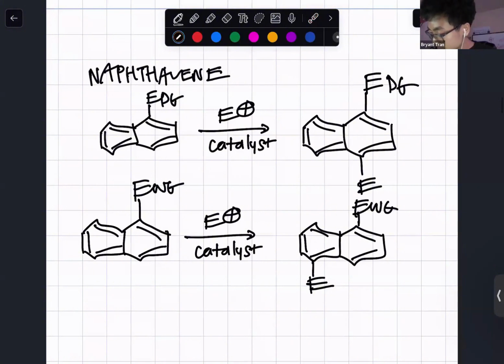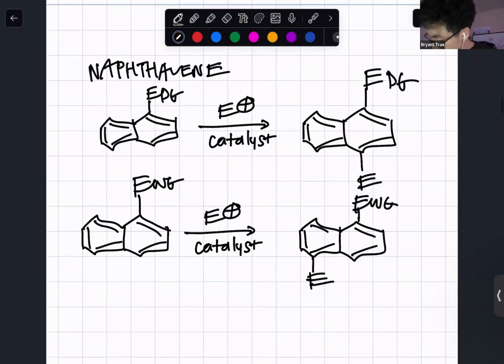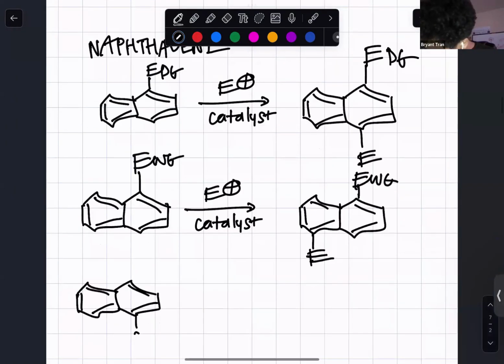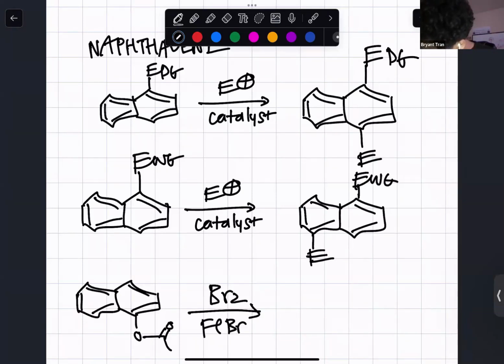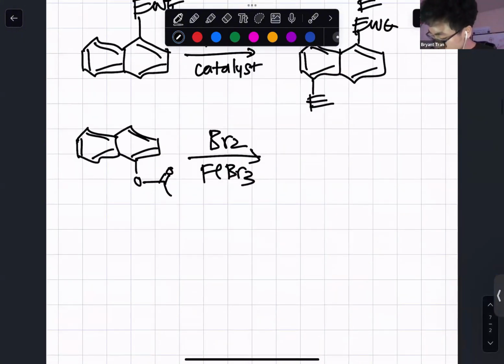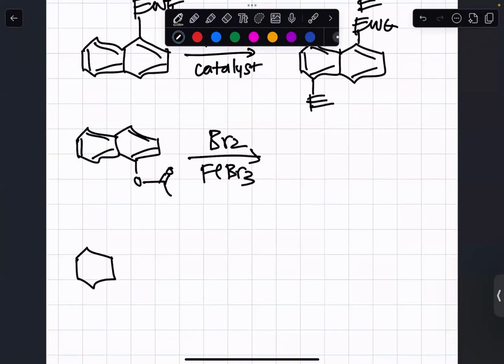Let me give you an example problem here, right? So let's say I have this benzene ring reacting with Br2, FeBr3, and I have, it was naphthalene, not benzene, right?